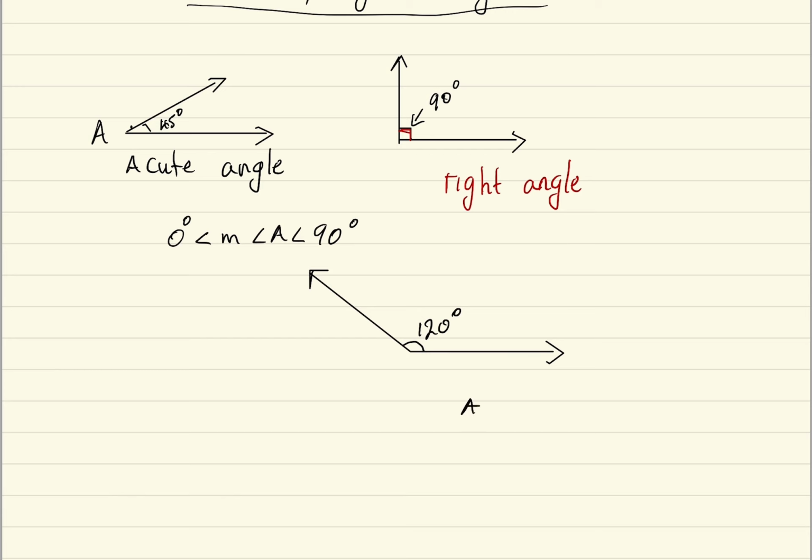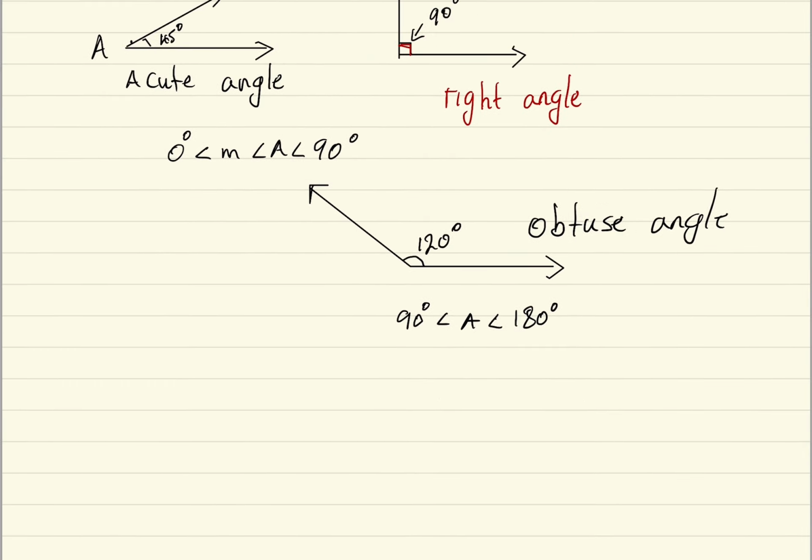So we can write it as greater than 90 degrees, but less than 180 degrees. So this is what you call an obtuse angle.